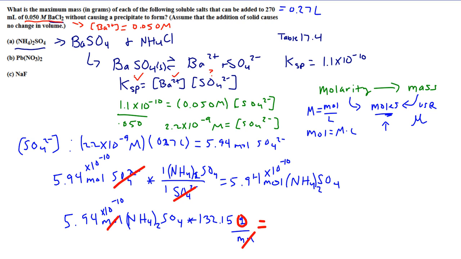Alright, so then that leaves us with 7.8 times 10 to the negative 8 grams of ammonium sulfate, which is our final answer for part A. I'm going to make that look a little bit prettier for you.